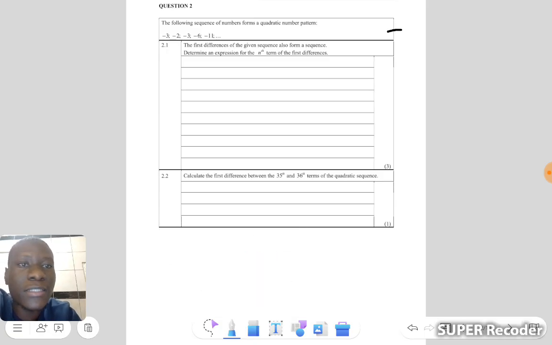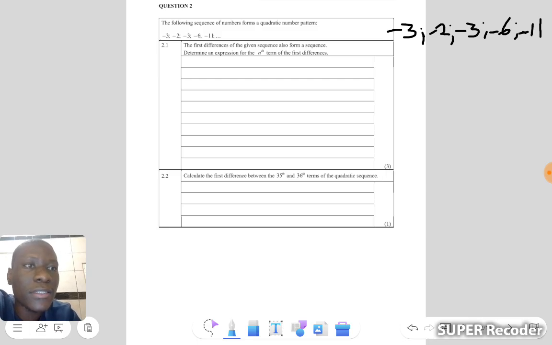We have -3, -2, -3 again, -6, and lastly -11. So they say that the first difference of the given sequence also forms a sequence. So let's find our first difference.